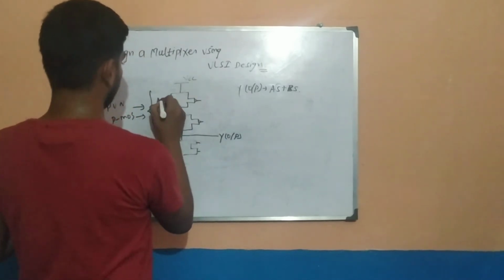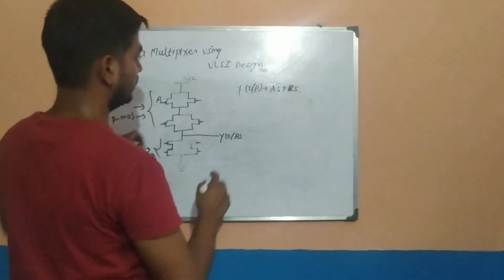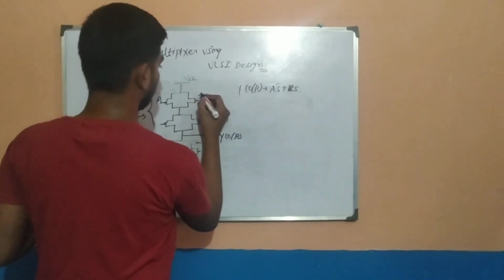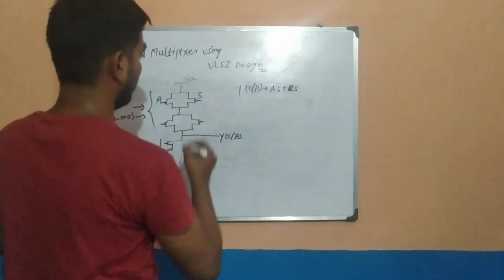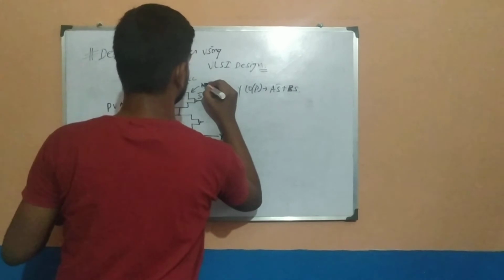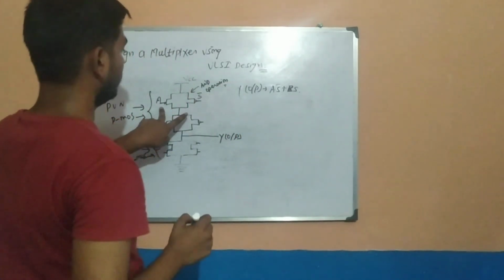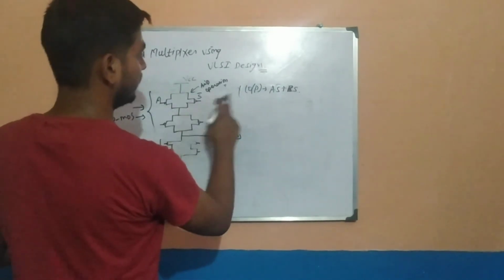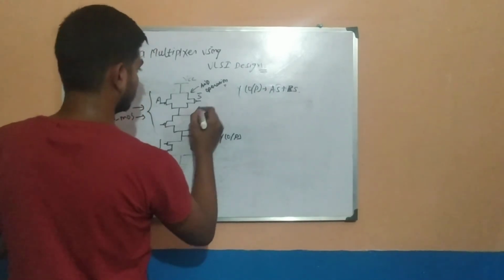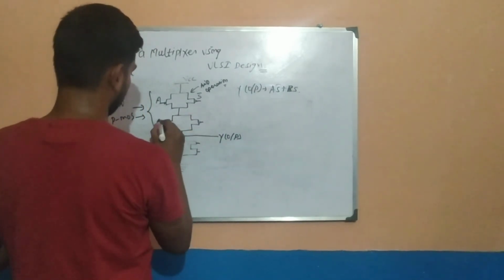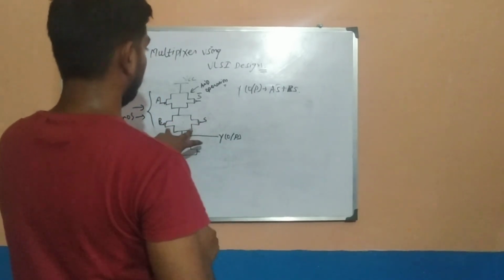So here I have input A, and here I have input S dash. They are in parallel, so it operates as an AND operation. So A and S dash, AND operation. And it also contains B and S, AND operation.